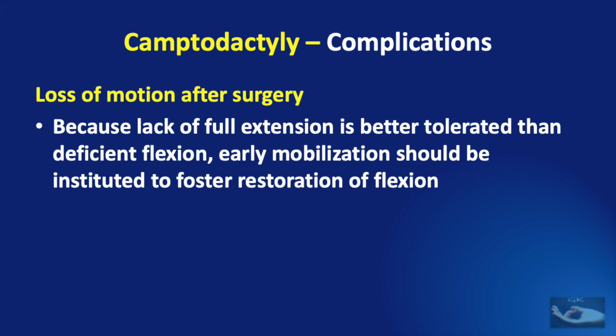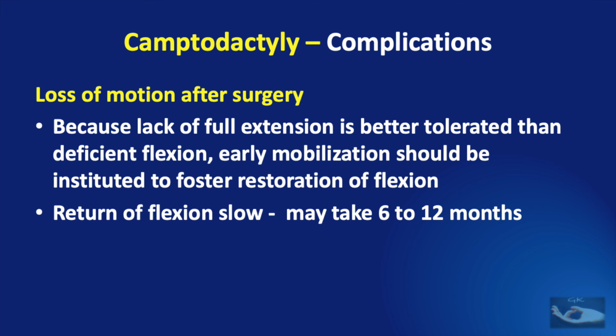This loss of motion after surgery is a dreaded complication because lack of full extension is better tolerated than deficient flexion. So early mobilization should be instituted to get restoration of flexion. But we need to remember that return of flexion may be slow. It may take up to 6 to 12 months for the complete flexion to return.